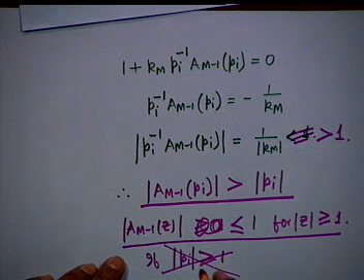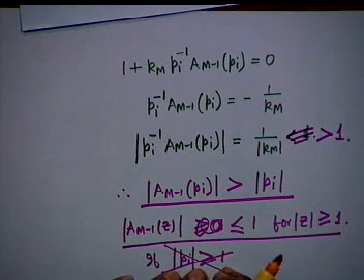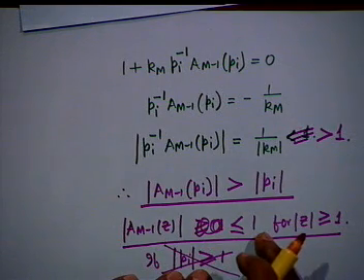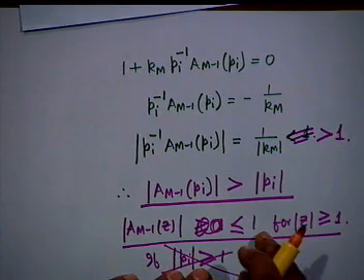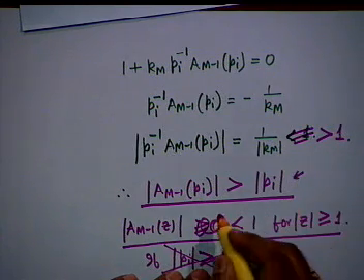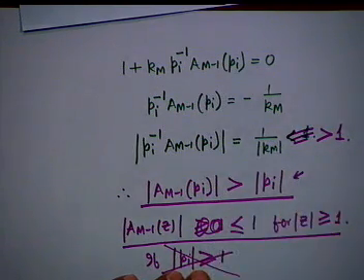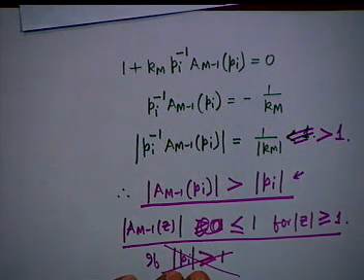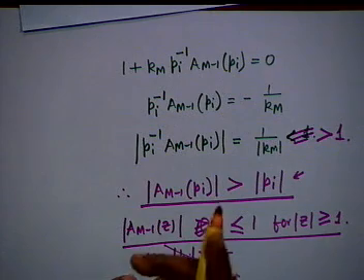So, these two are contradictory, and therefore, magnitude Pi must be less than 1.